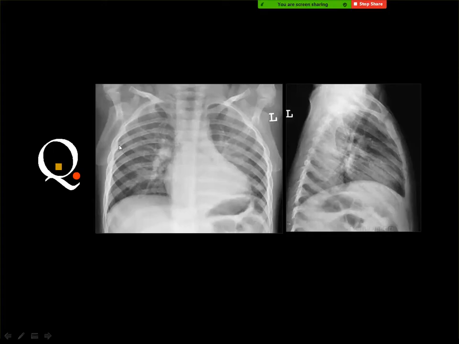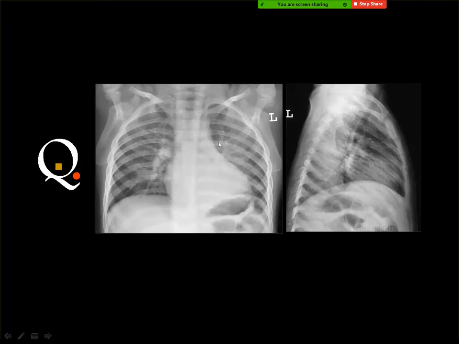But actually, the pathology here is this sign which I have emphasized in the lectures, and you should see that the lower dorsal spine should be more black than the upper dorsal spine. But if you see that the lower dorsal spine is opaque, then you should consider a pathology.